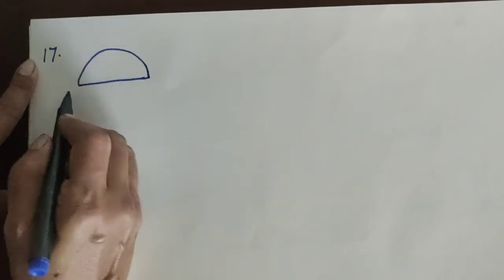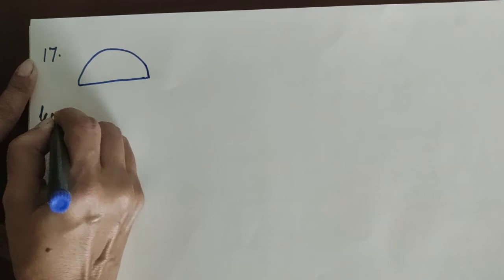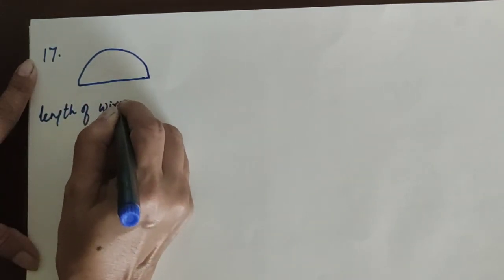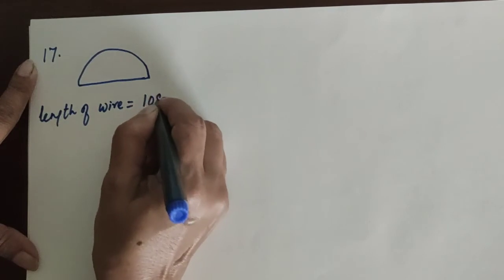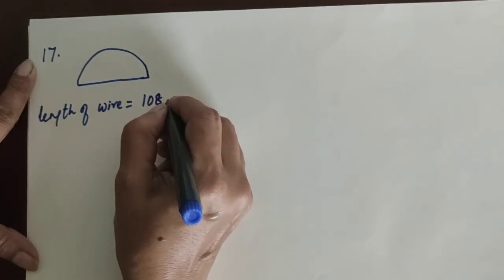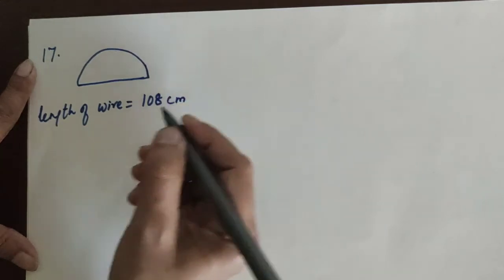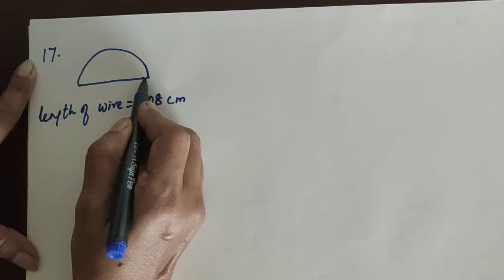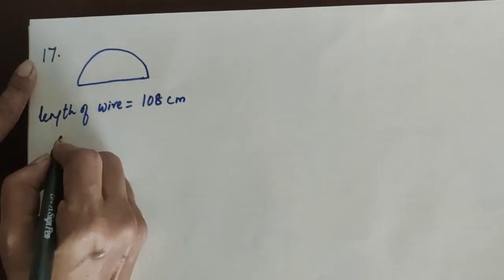So the entire length of the wire is 108. So length of the wire is equal to 108 centimeter. It means this arc plus this diameter is giving you 108.